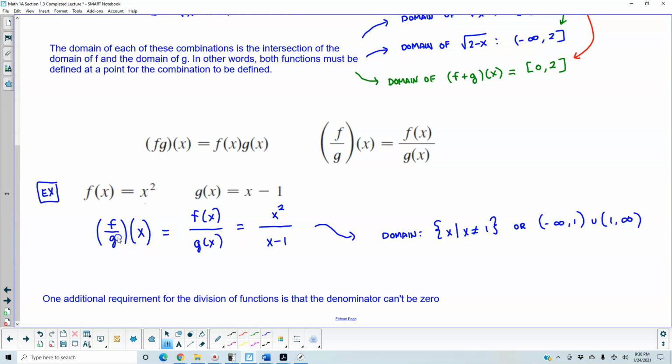So if we wanted to then find the combination f over g of x is equal to f of x divided by g of x is equal to x squared over x minus 1. So let's take a look at the domain of x squared.